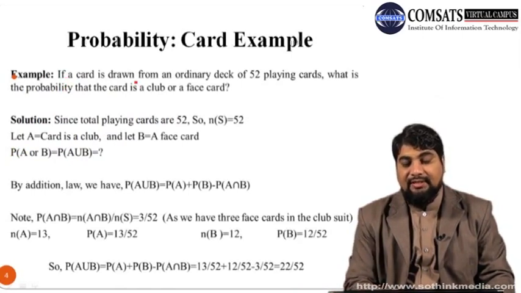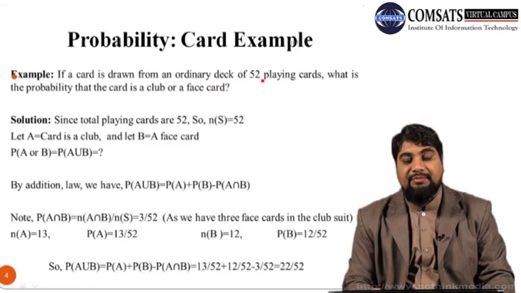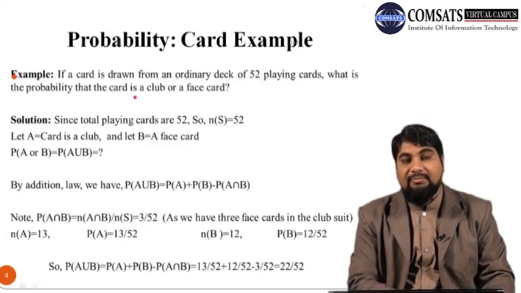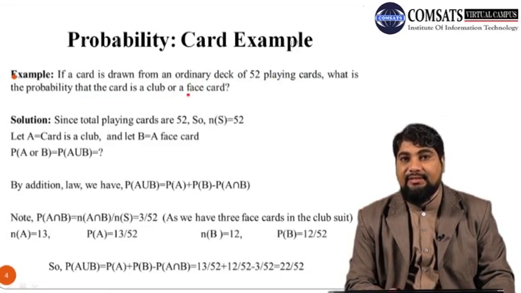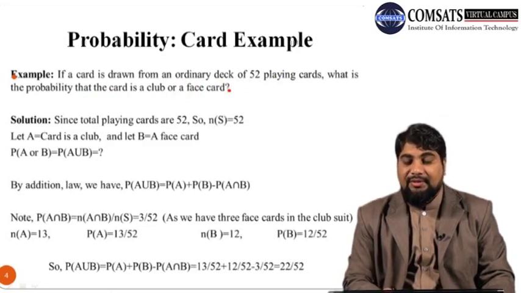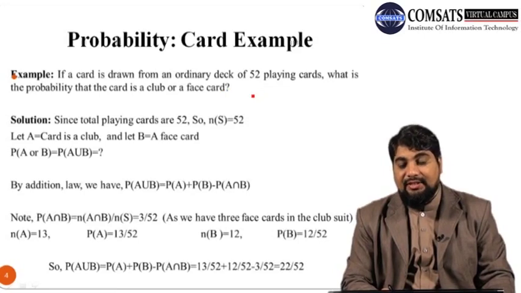If a card is drawn from an ordinary deck of 52 playing cards, what is the probability that the card is a club or it is a face card? Note that we have discussed the laws of probability in our previous lecture.